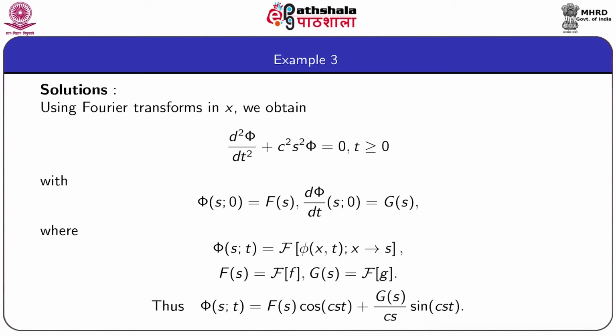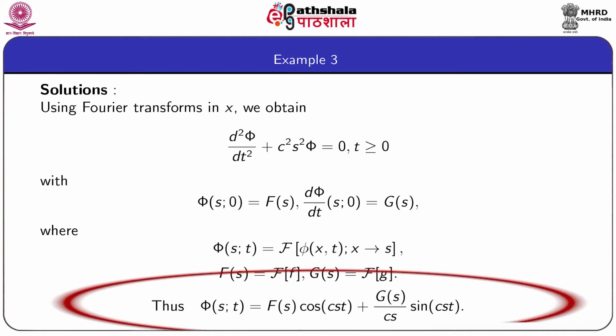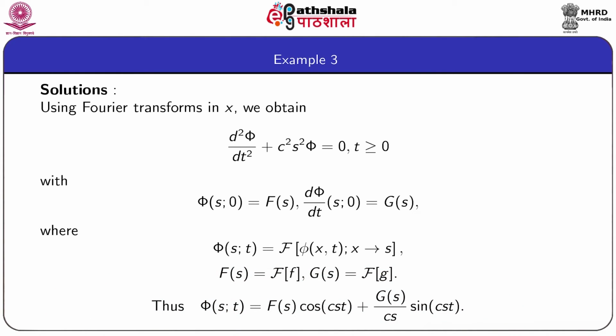Thus, if we solve this ordinary differential equation for capital phi, then after using these initial conditions, we obtain capital phi(s,t) is equal to capital F(s) into cos cst plus capital G(s) divided by cs into sin cst.